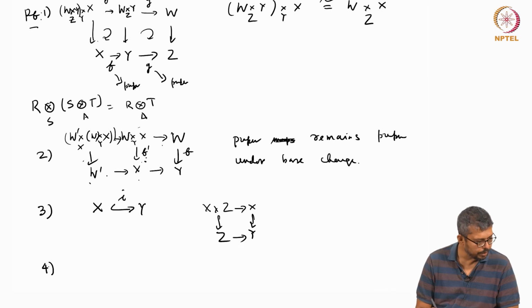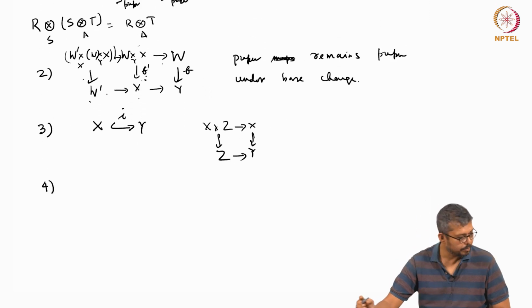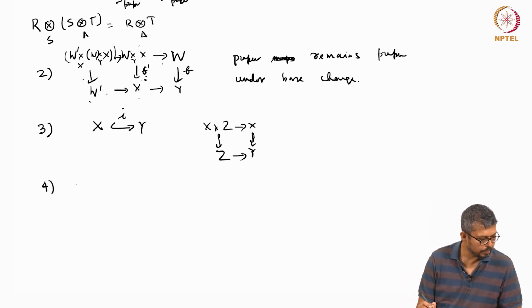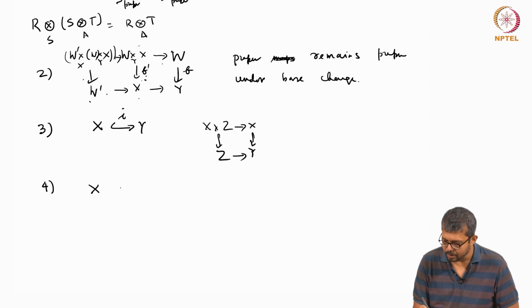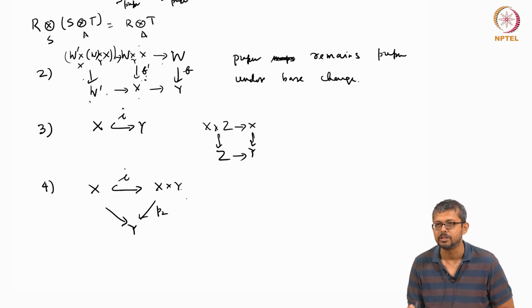And the fourth one is what? X is complete. So, x is complete. So, you embed x into some y, x to y there is a map and you take this projection map P2. So, x to x cross y is a closed immersion.